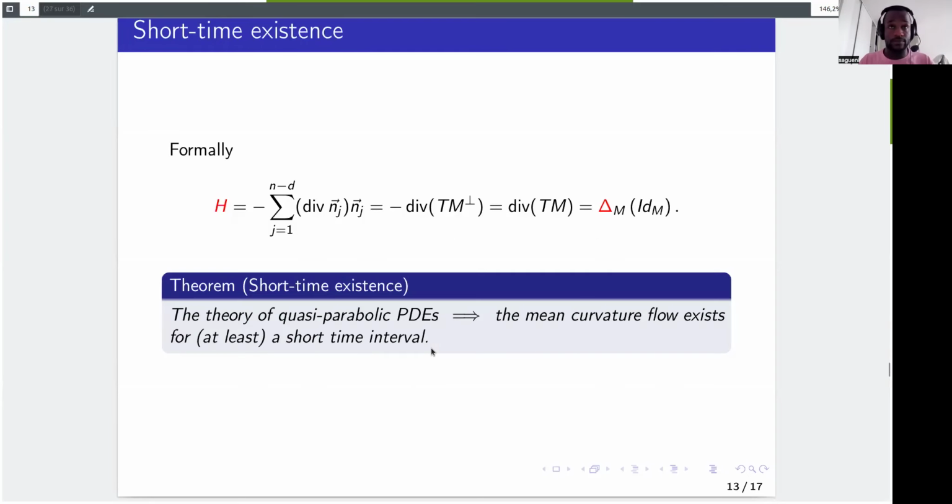So what should I add here? But we know that there is a short time existence of the mean curvature flow. So the study we're going to conduct later on makes sense.